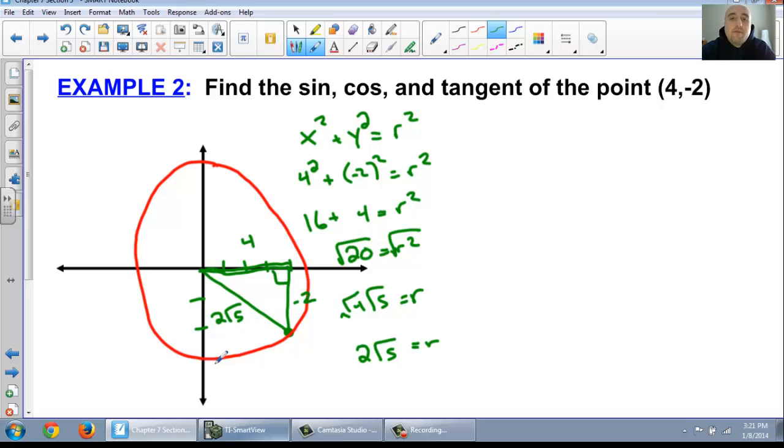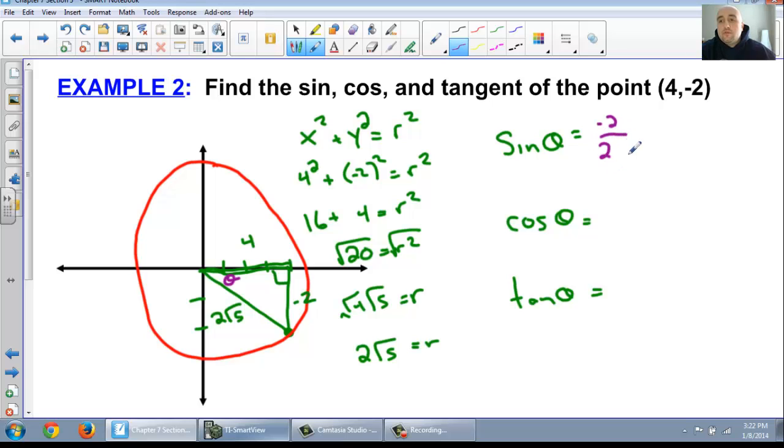All right, so there's my three sides. So once again, we're going to find sine of theta, cosine of theta, tangent of theta. And remember, theta is always the angle made with the origin, so it's right here. Okay, so what's sine? Sine is y divided by r. So we have negative 2 over 2 root 5. All right. So let's get rid of this.